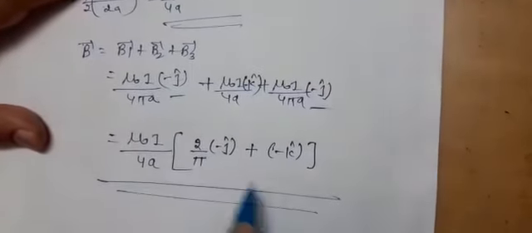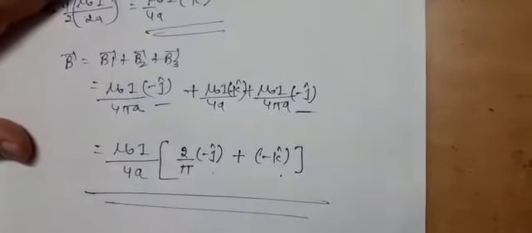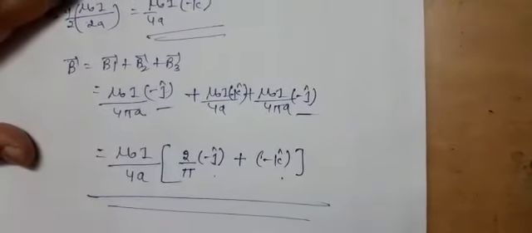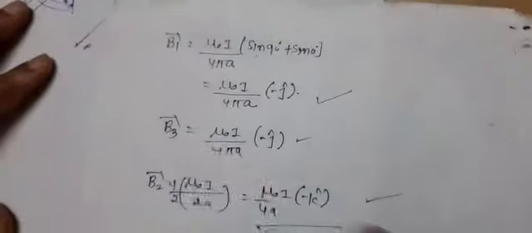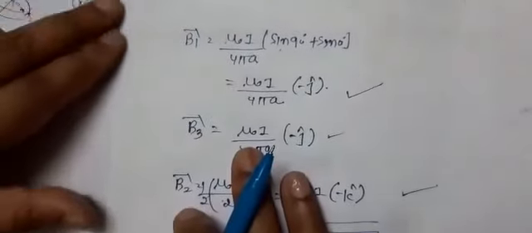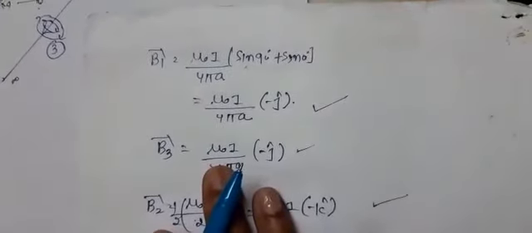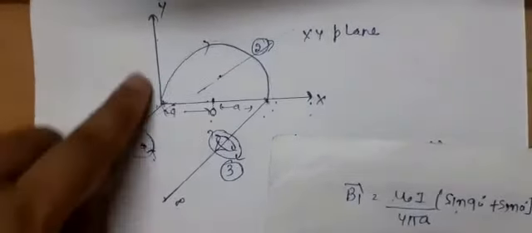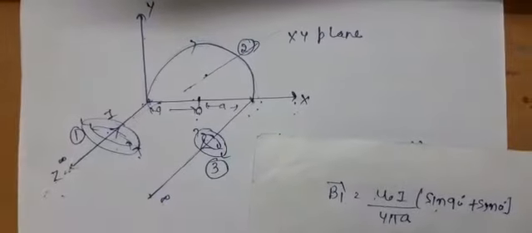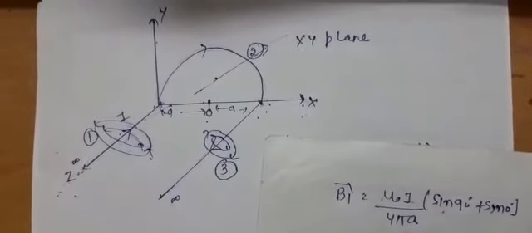These directions we have labeled in terms of unit vectors. This is one way we can represent it, because exactly in this numerical all the directions have been represented in terms of coordinates. Since all the directions are expressed in terms of proper coordinates, that's why I have expressed it in terms of unit vectors.